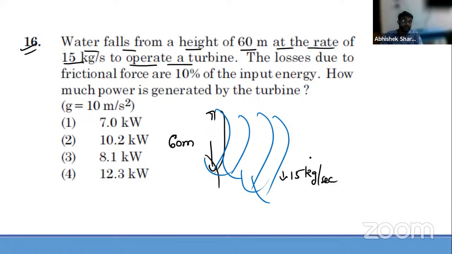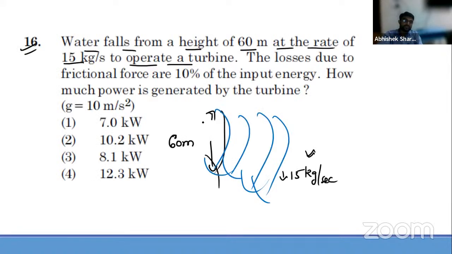Remember here, the mass per second is given. How much power is generated? It's very easy. Power is the rate of doing work, energy by time.